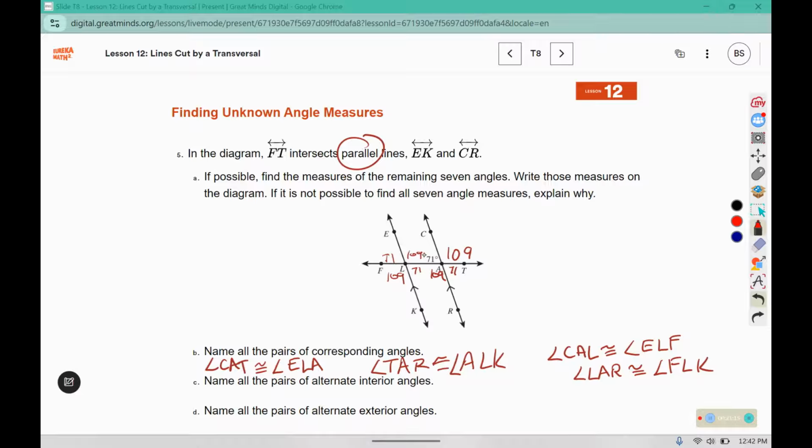Alternate interior, those would be inside the parallel lines and on opposite sides of the transversal, and these as well. So those are angles CAL, and it is an alternate interior angle with ALK.